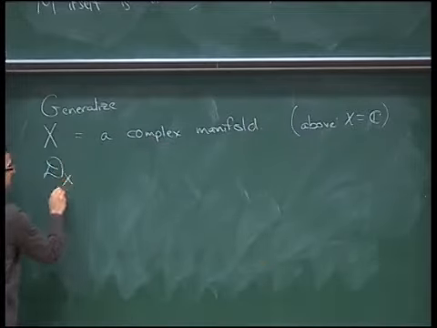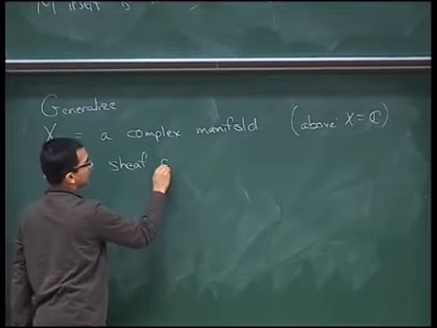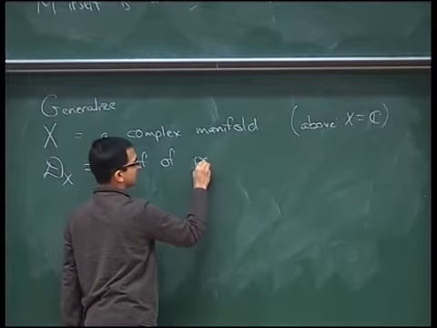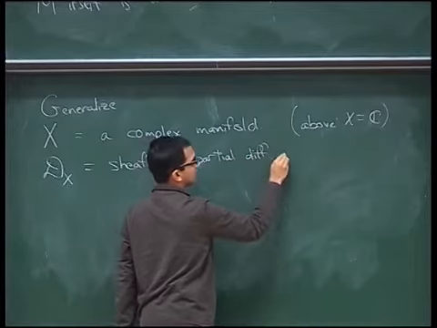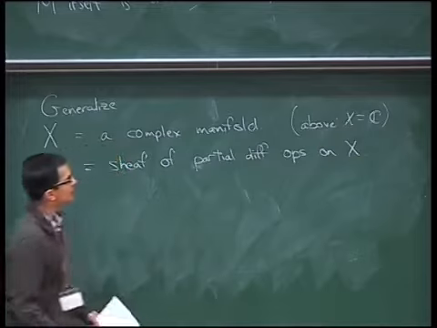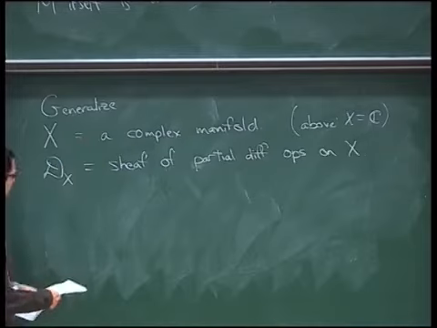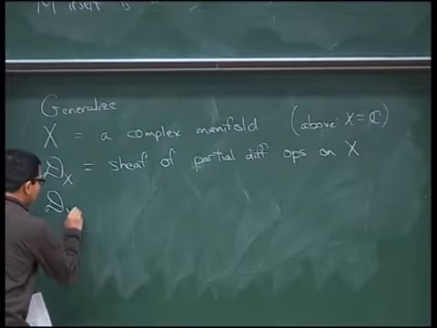And then script D of X is going to be the sheaf of partial differential operators on X. Locally, this is going to look like the ring that I wrote up earlier, except there'll be many variables if X has dimension bigger than 1.